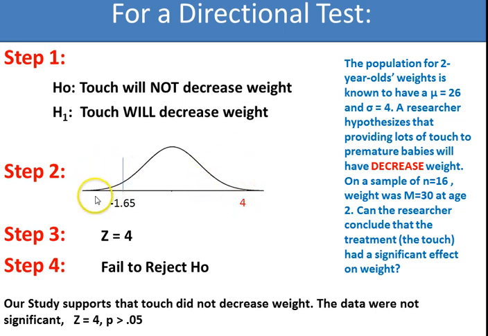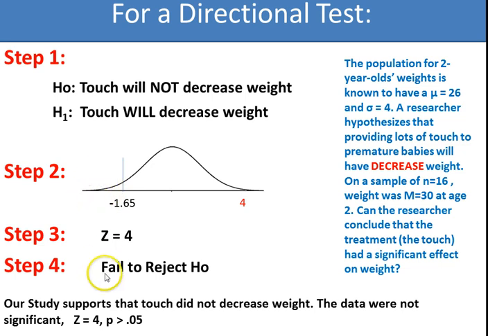We only set it in this tail. We are only looking for an effect on this side of the distribution, so that our mathematical outcome of 4 is not a low probability outcome, meaning that it did not land in our low probability critical region that we set.